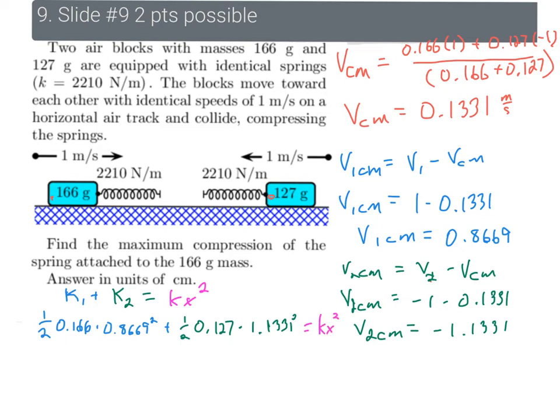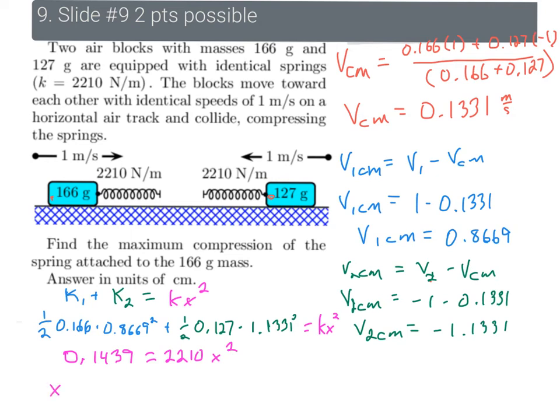All right, so let's clean up the left-hand side. And I get 0.1439. So that's the total kinetic energy of both masses together. That's going to be equal to kx squared, where k is 2210, and then I'm solving for x squared.